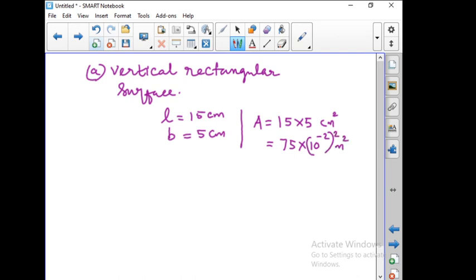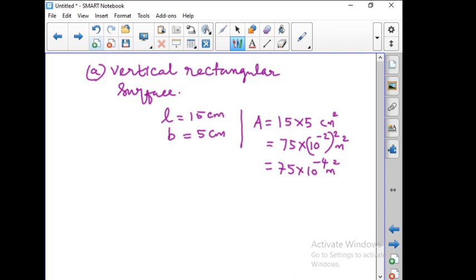I have now converted centimeter into meter. So we get area as 75 into 10 power minus 4 meter square. Now what is our aim? To calculate flux.